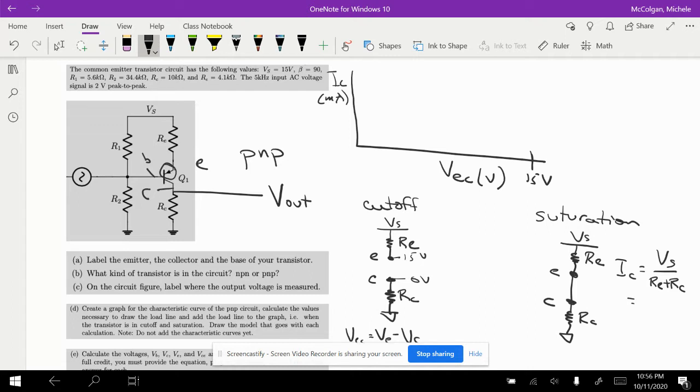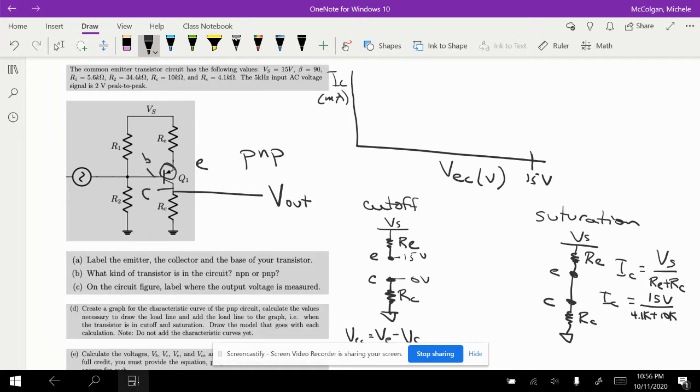So IC equals 15 volts divided by RE, which is 4.1 kiloohms, plus RC, which is 10 kiloohms.